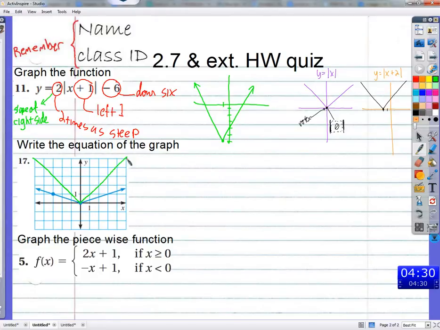So how steep is this graph compared to this graph? It's less steep. It's how much the steepness of the original graph? A third is steep. This one goes up 3 and over 3. This one only goes up 1 and over 3.